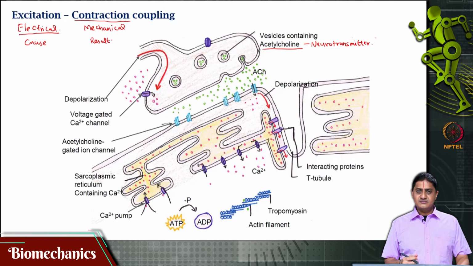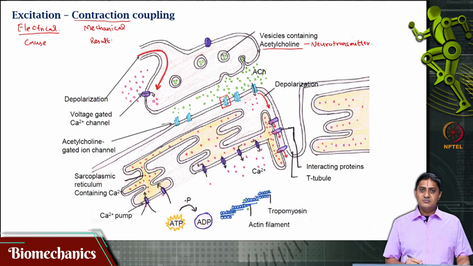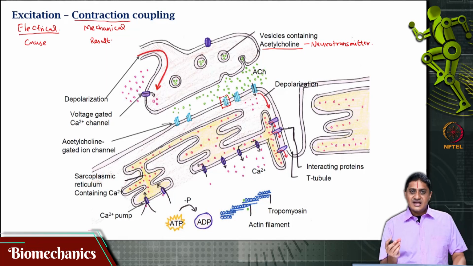This neurotransmitter is received by the receptors or a special kind of channel that is present in the muscle cell plasma membrane. This channel is sensitive to acetylcholine. So, whenever acetylcholine is present in its vicinity or when it is attached to a specific region in that channel, it will open and let in a lot of sodium.